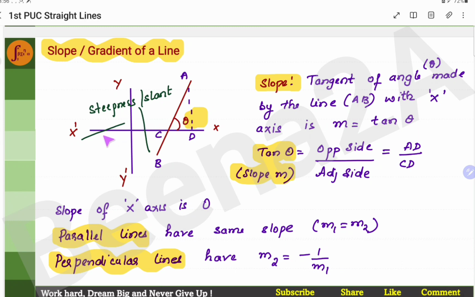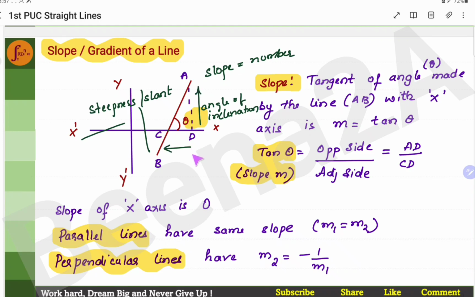Now how do you measure the amount of slant or steepness? For that you use slope. Slope is nothing but a number that determines the steepness of a line, or how much this particular line is inclining, and the angle of this line with respect to the x-axis is called the angle of inclination, theta. And one more thing is, how much should you move towards the left and how much should you move upwards so that you can meet this particular line?